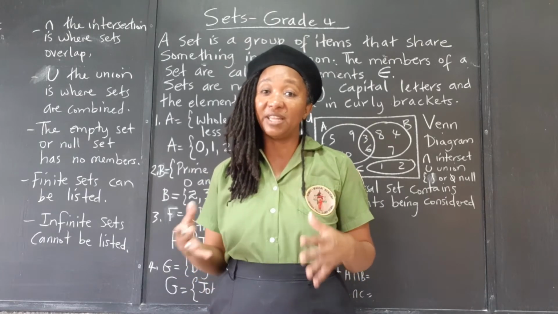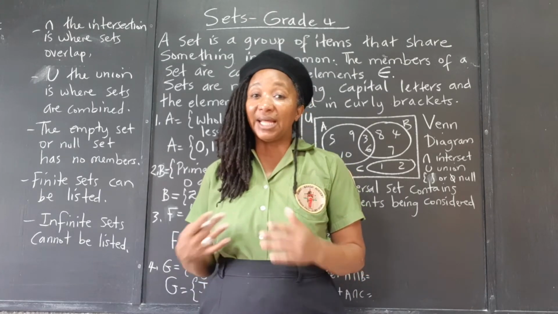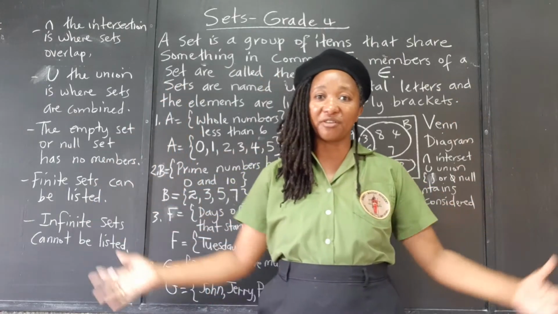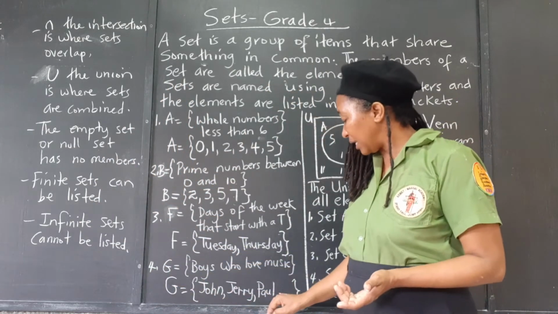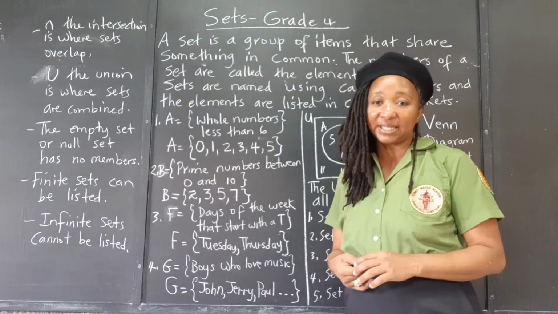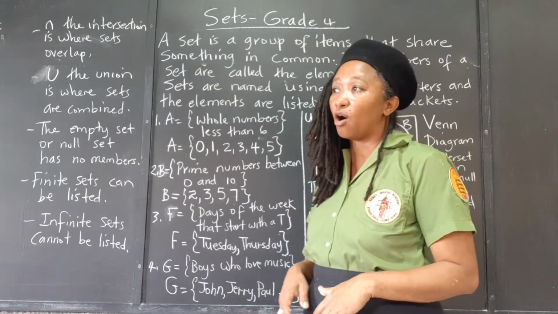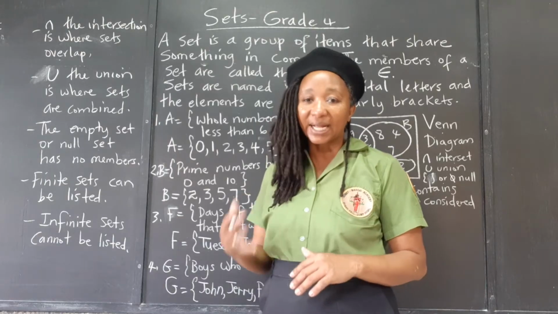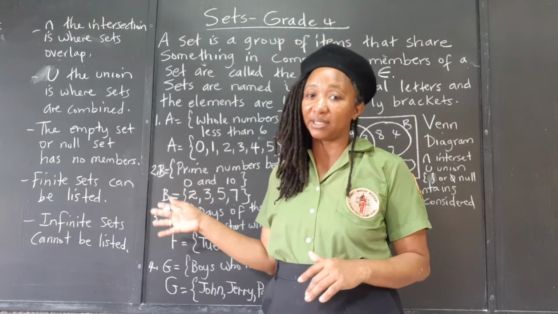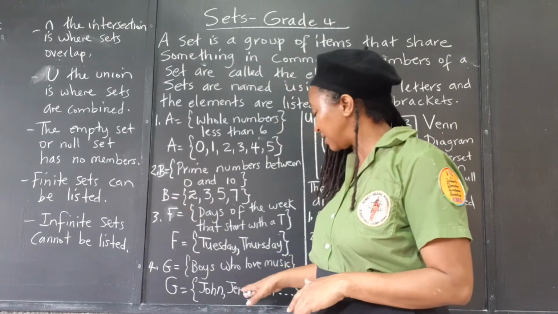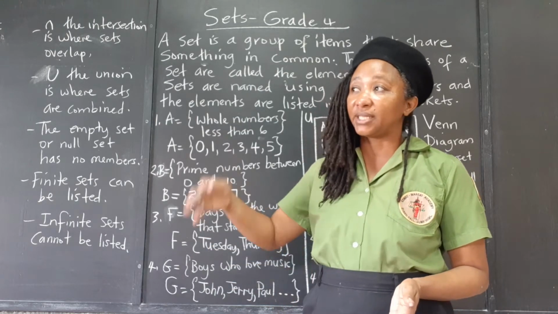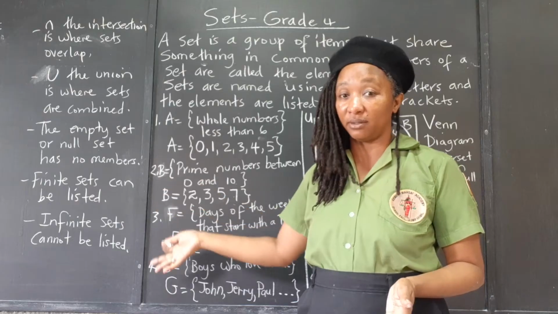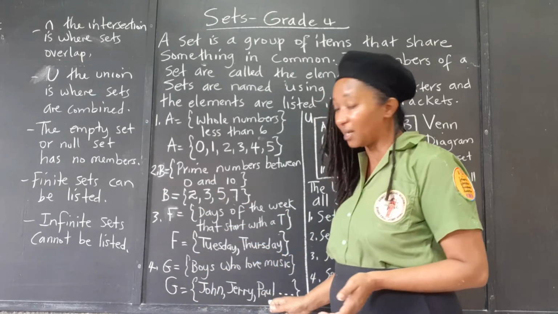That would be very difficult to do, let alone boys in general. You see what I'm saying? So we put these down. Whenever we're given a set that is not well defined or that cannot really be practically listed, all the elements, we put these dots to say this set is nowhere near complete. It is going on and on and on. That's what these dots mean.